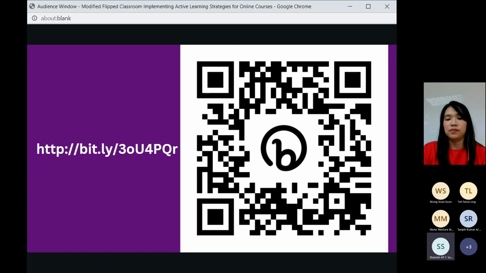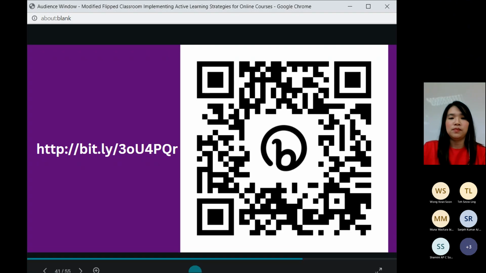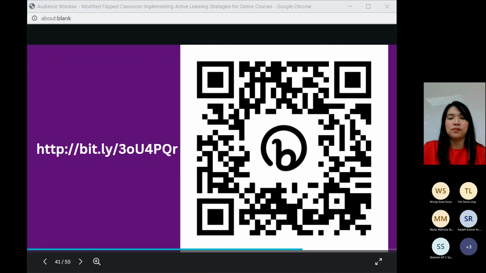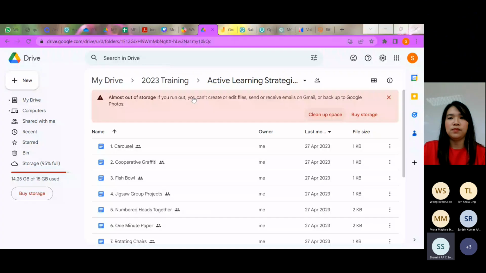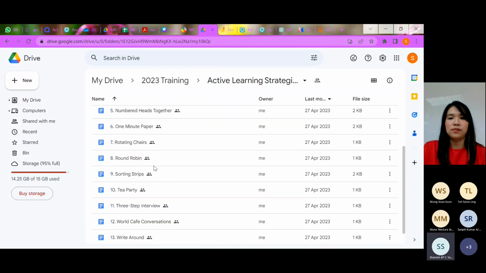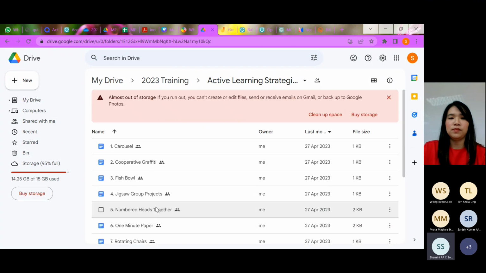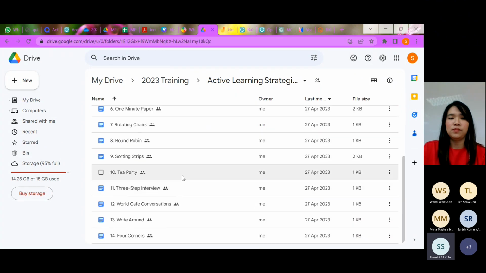Let me show you this. When you scan the QR code or click the link in the chat box, you will actually see this. There are 14 active learning strategies here with some description.